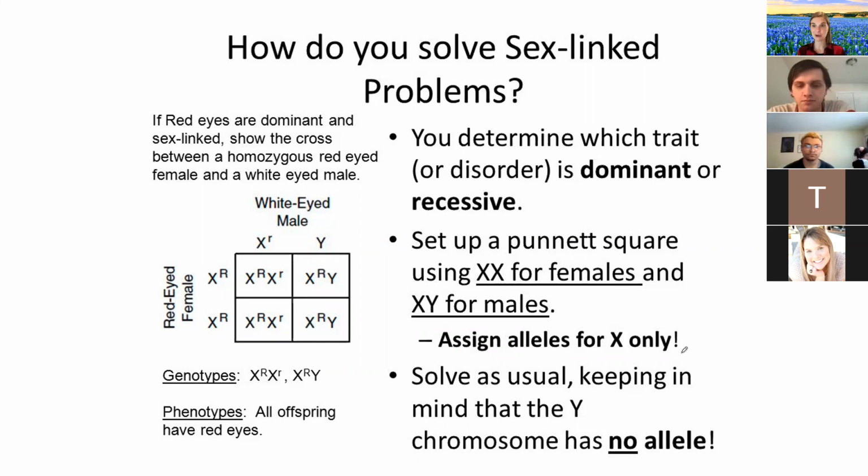And the Y chromosome, as we know, is a lot smaller than the X chromosome. So there's going to be information located on that X chromosome that isn't going to be represented on the Y. It's missing that piece.